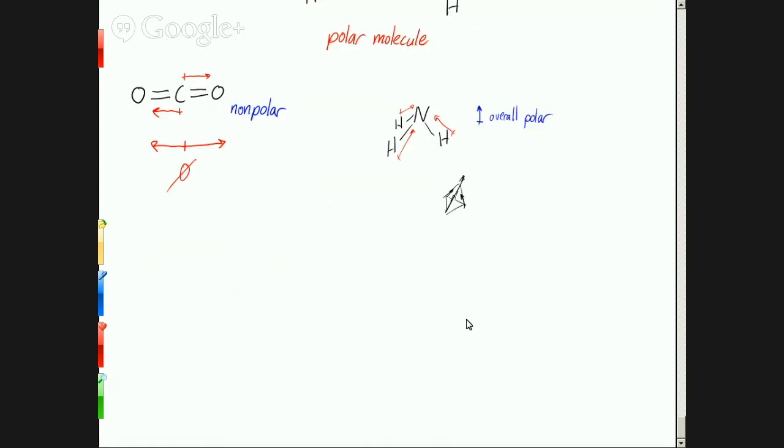For instance, let's look at some melting points. We remember what melting points are, right? Temperatures that stuff melts at. What's the melting point of water?